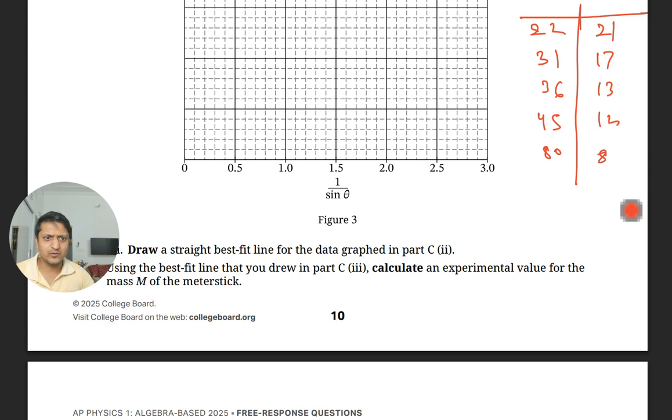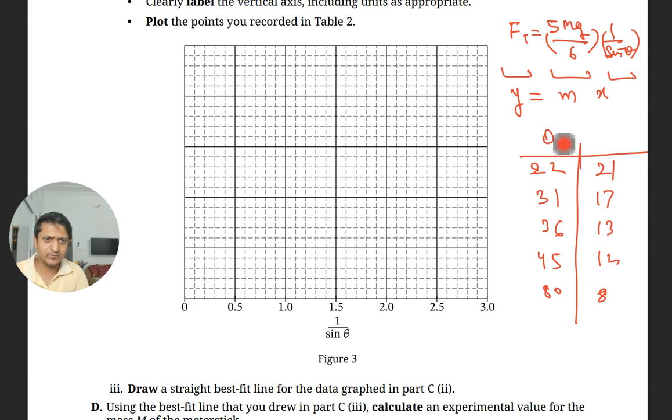So this is the theta value and this is the force value. First of all, we have to calculate 1 by sine theta, and this is the F on the y-axis.